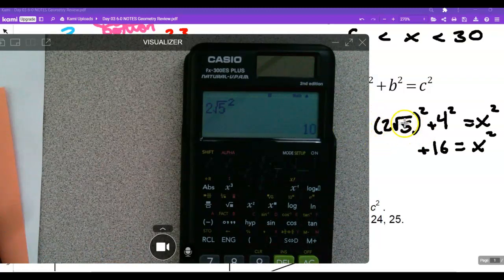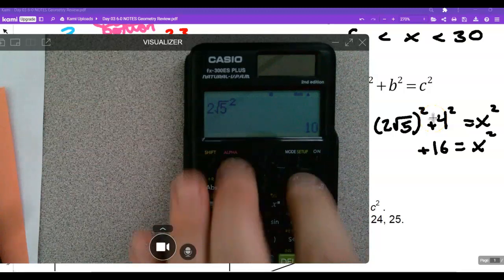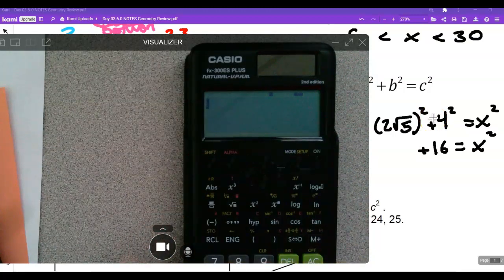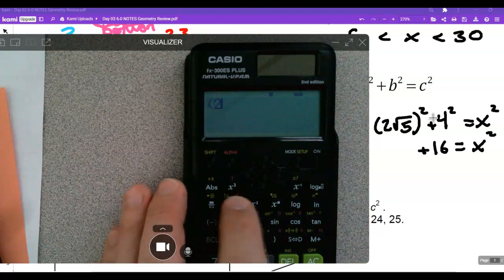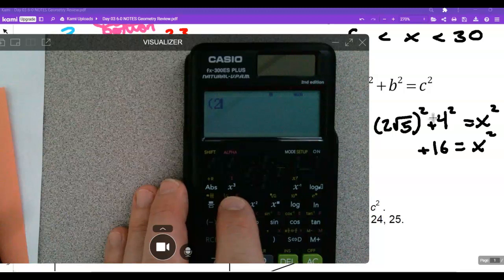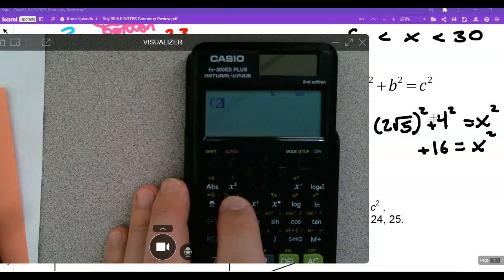With the parentheses, it means square everything inside, including the 2. So it's 2 squared times root 5 squared, which is now 4 times 5, which is 20. Without the parentheses, it only squares the root 5, so it thinks it's 2 times 5 only. So just throwing that out there. Calculators, as one of my professors used to say, are really stupid because they do exactly what you tell them to do.